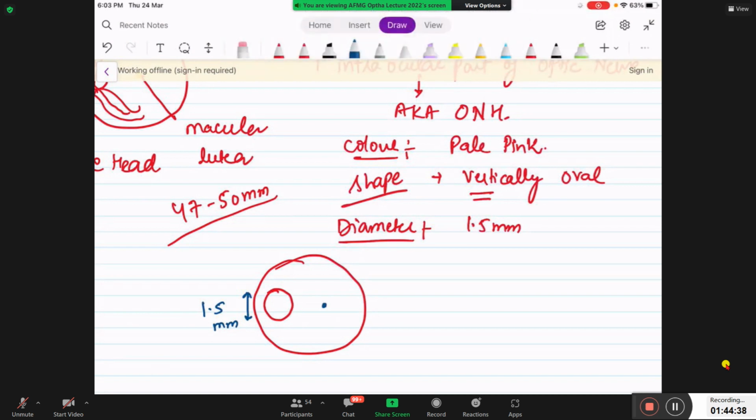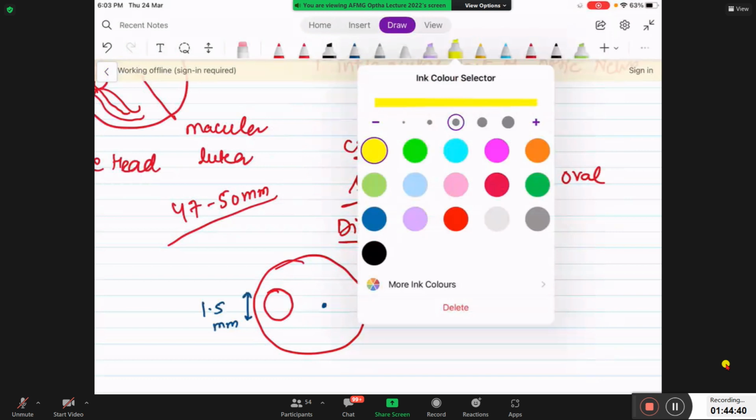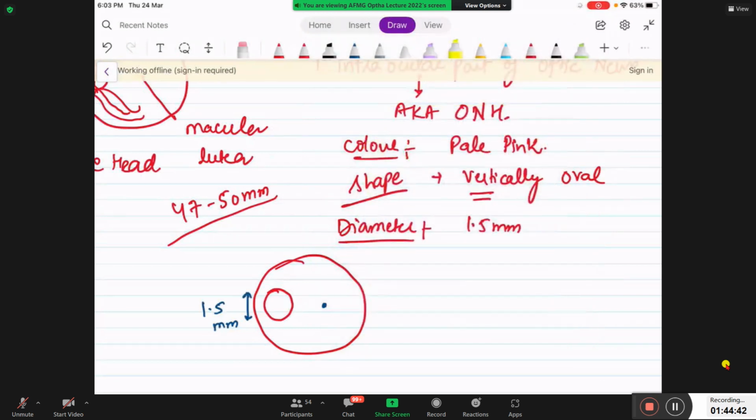Now, in the center of the optic disc, you will see a yellow depression, the central depression. This central depression or round structure, yellowish depression, is called the optic cup. And as a whole, this is called the optic disc.